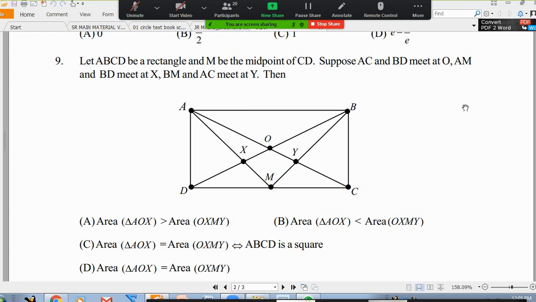This is the midpoint, and here is capital Y. Of course, I can join these two.